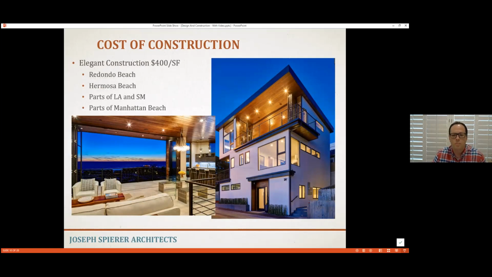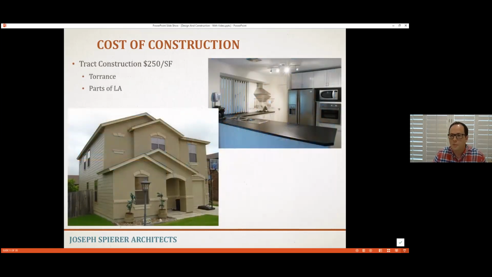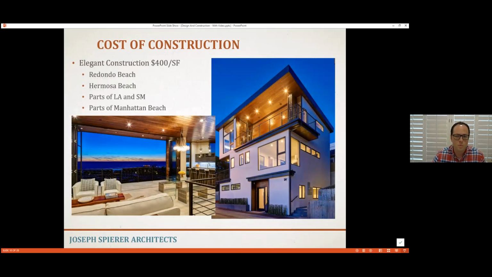So, here's a project, and by the way, this is not a project that we did. This one is, though. We actually designed this one in Manhattan Beach. This is kind of an entry level price per square foot for the beach areas. If you're building in Manhattan Beach, you just have to expect that you're spending $400 a foot.